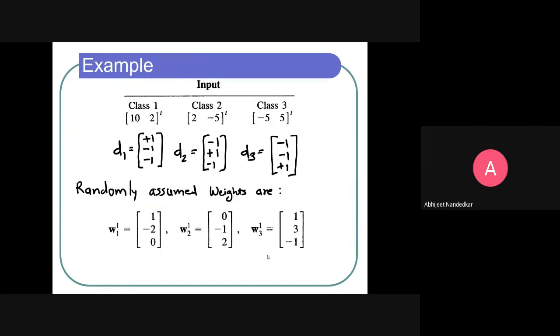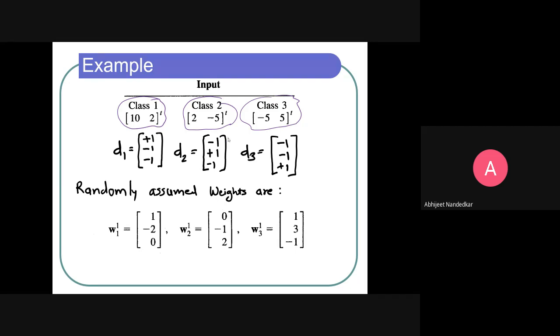So we will take one example, first of all with a discrete perceptron. Let us say we have 3 samples which belong to 3 different classes. This is a class 1 sample, this is a class 2 sample, and this is a class 3 sample.